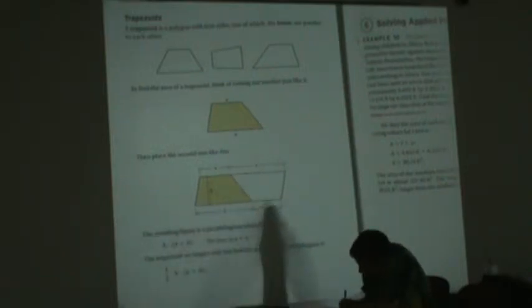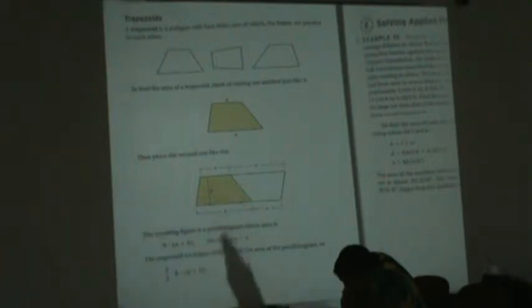And you would have had a parallelogram. And to get this whole thing, it would have been base times the height. Okay? But you're only doing half of this full base times height. The base of this is A plus B and then times the height.